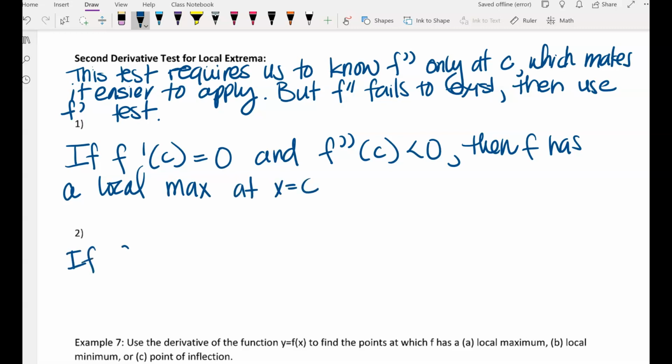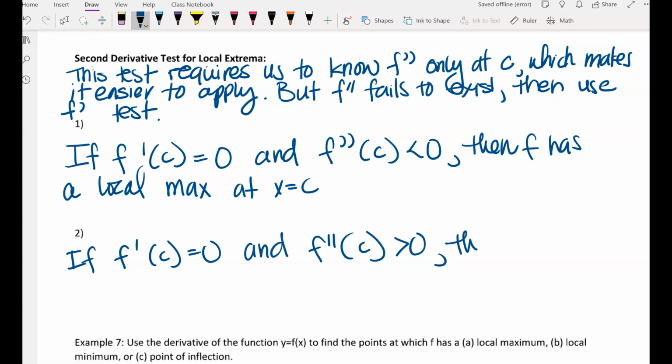Now, if f prime at c equals 0 and f double prime of c is greater than 0, then f has a local min at x equals c.